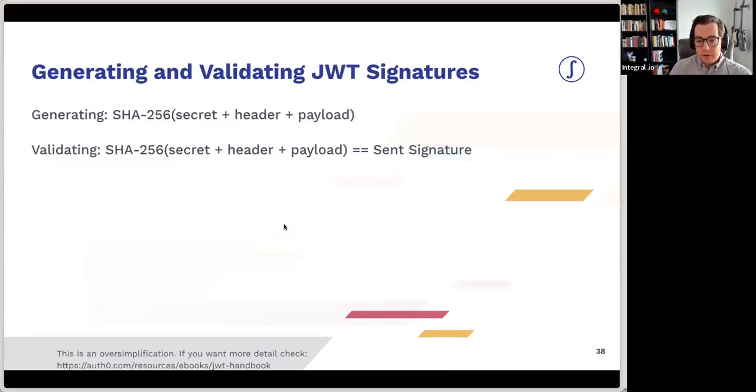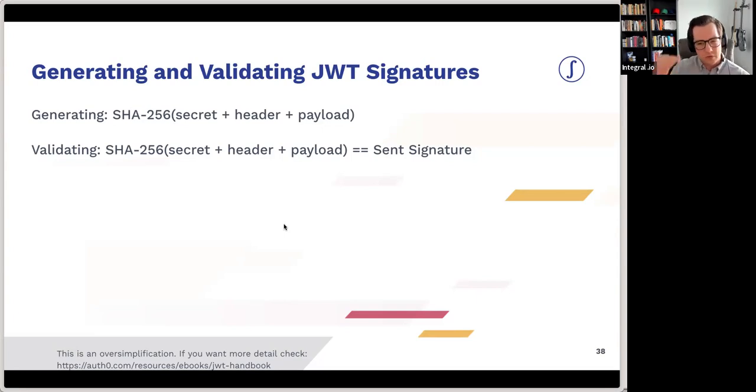This is a bit of an oversimplification. So if you want to know the nitty-gritty details of how JWTs generate these signatures, please go look up the RFC, which I believe I've linked to in the slides here.